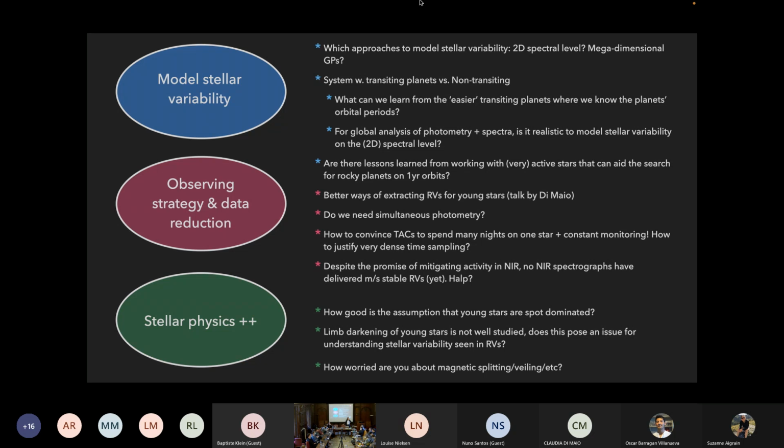I just wanted to say the obvious thing, which is that we think that planetary systems evolve in non-trivial ways in the early stages of a star's life. So forgetting about the activity question, it's genuinely an extremely important question in planetary science and exoplanets to understand the populations of planets of young stars.